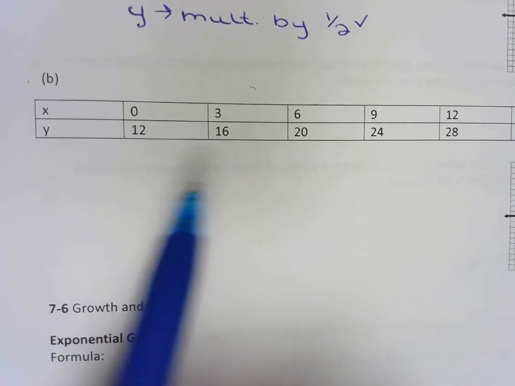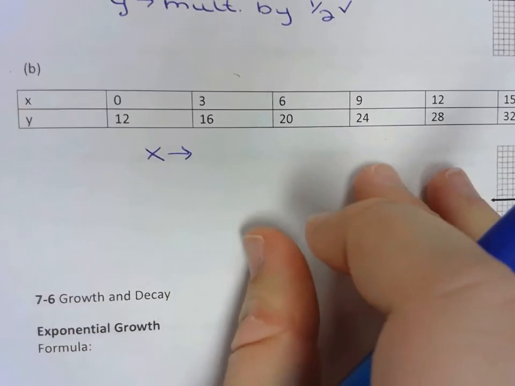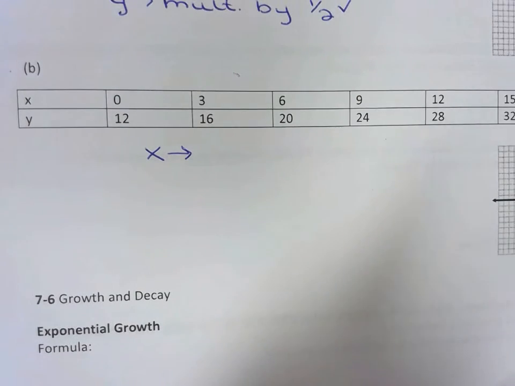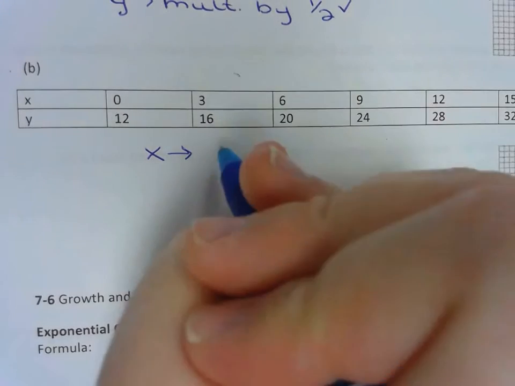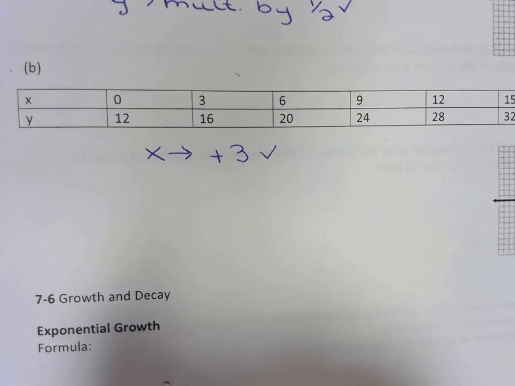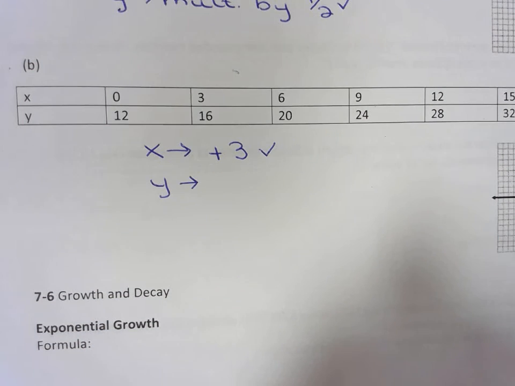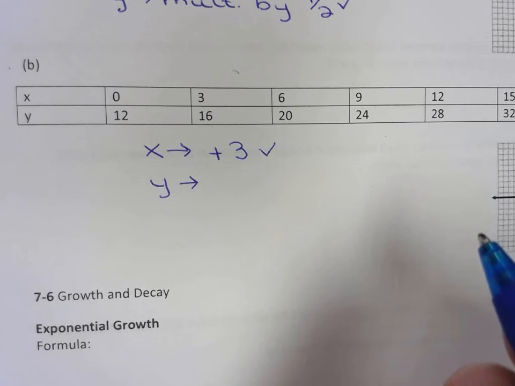My x values have to be adding by a constant number each time. What number am I adding each time? 3. So we're good with the x values. The y values, I have to be multiplying by a what? Positive number each time.